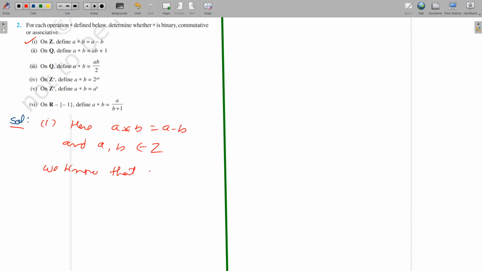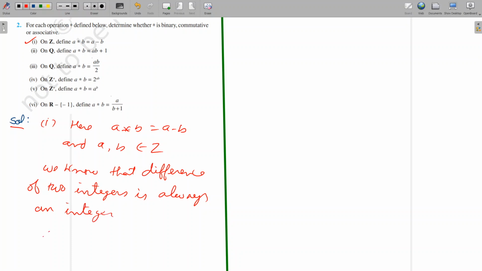Therefore, we can say that star is a binary operation.